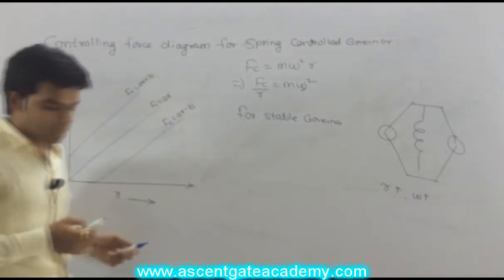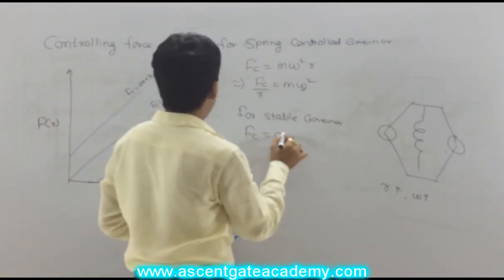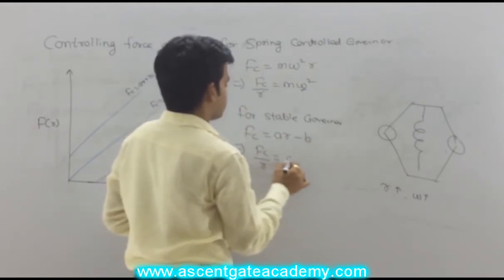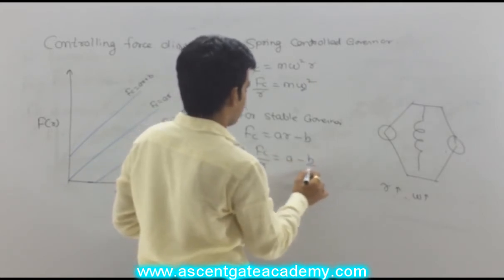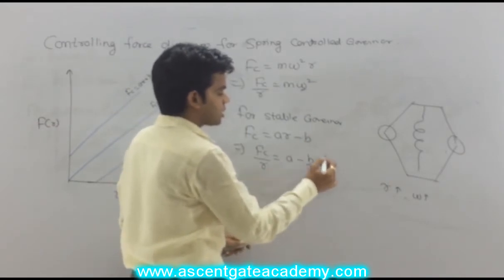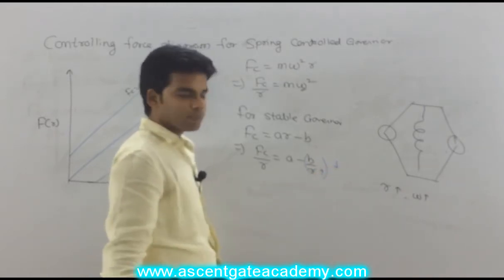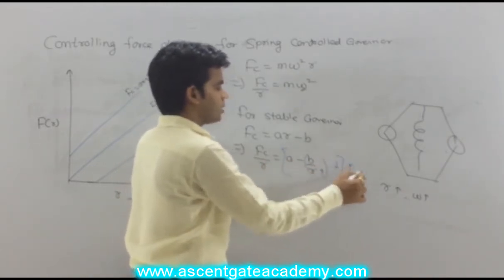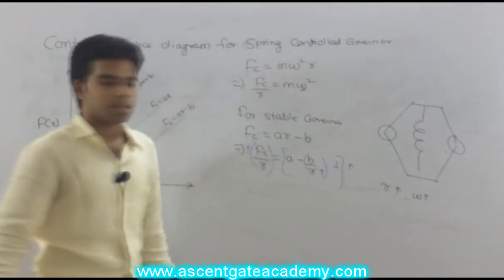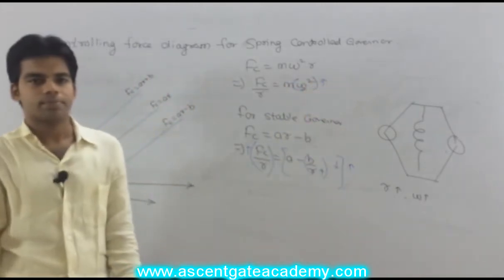Now, how can this condition be achieved? If Fc is equal to A into R minus B, or you can say Fc by R is equal to A minus B by R. In this particular case, if the radius of rotation is increasing, B by R is decreasing, A minus B by R is increasing, Fc by R is increasing, therefore omega is increasing.